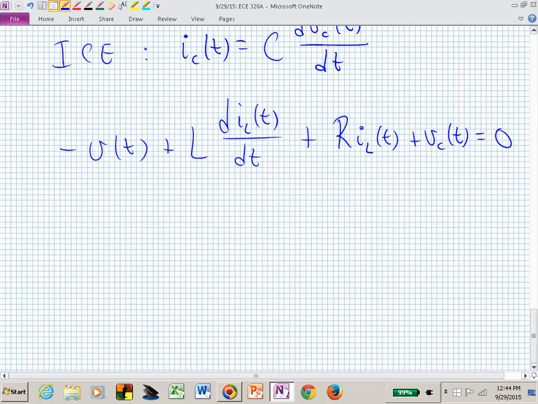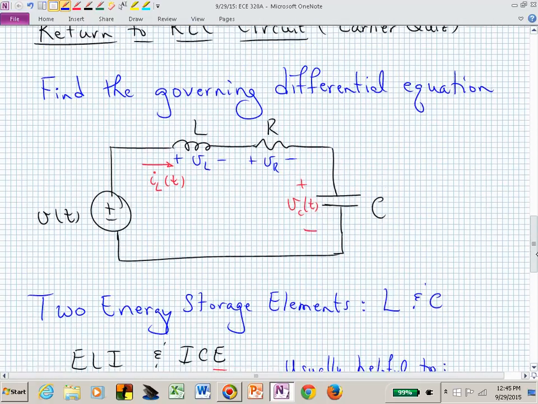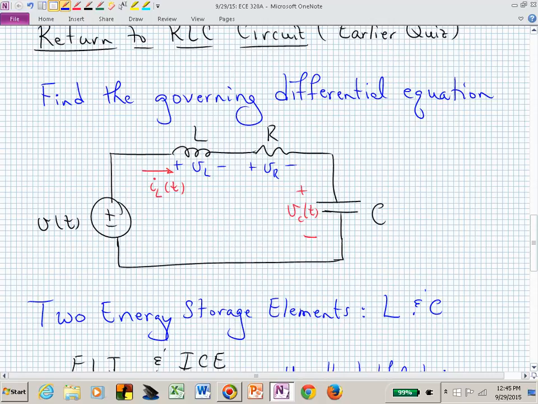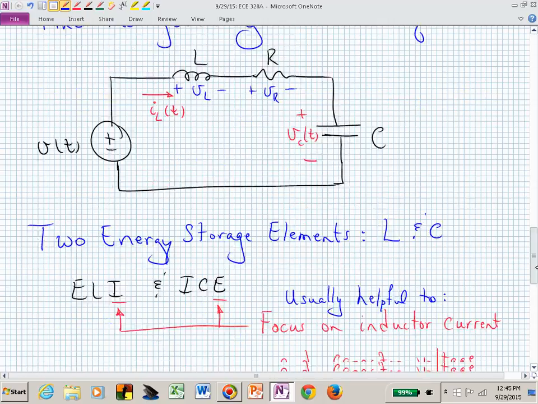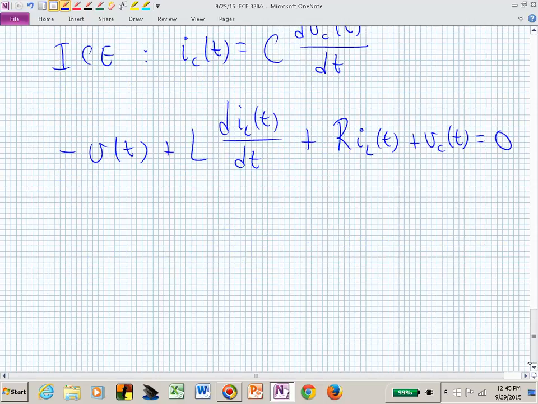If that's the case, let me replace the inductor current in terms of the capacitor voltage. Because in this circuit, how is the inductor current related to the capacitor current? It's the same.